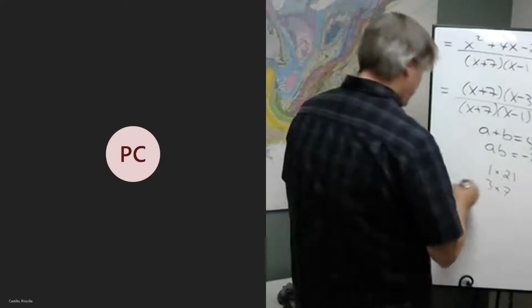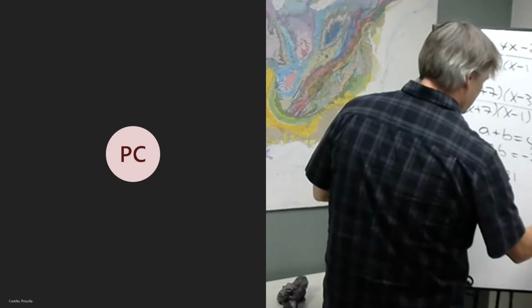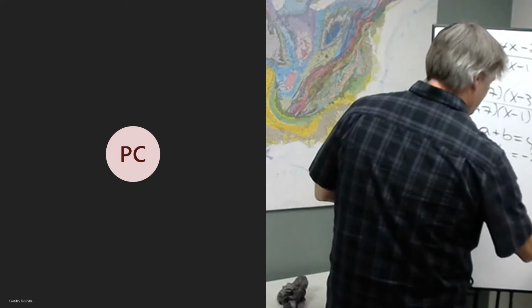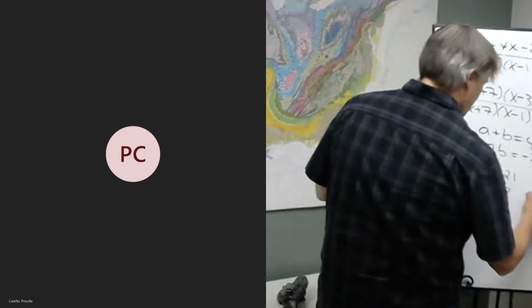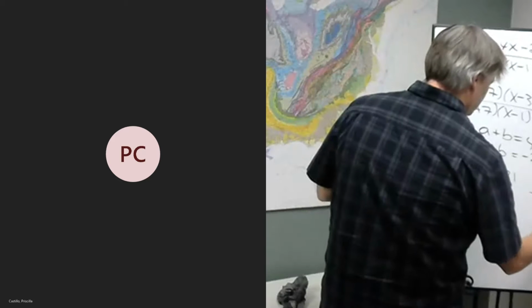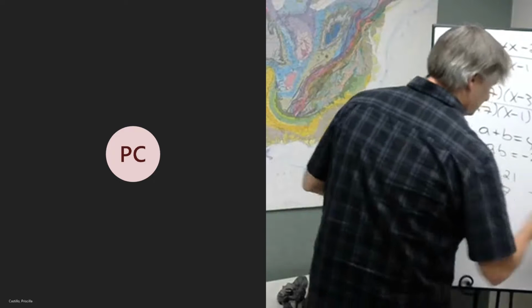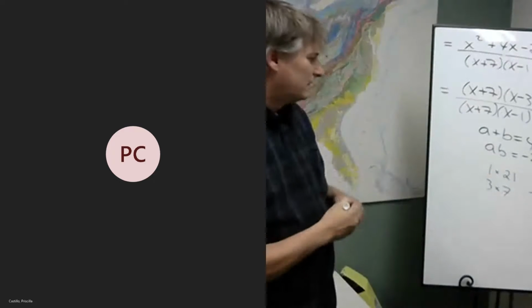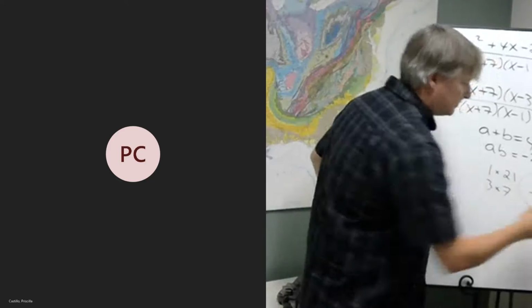So that means we'll be dealing with either -1 times 21 or 1 times -21 or -3 times 7 or 3 times -7. So this is what we have to choose from.